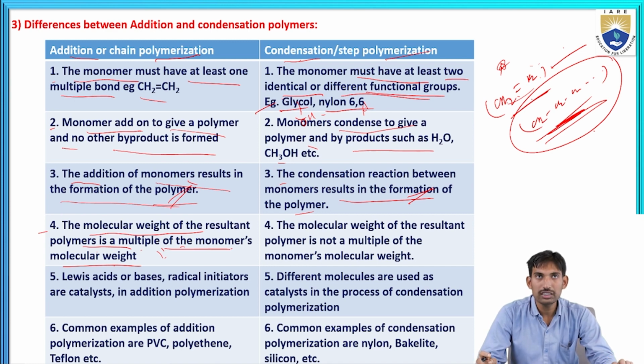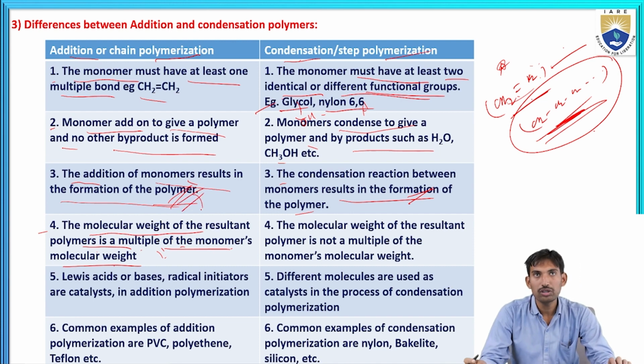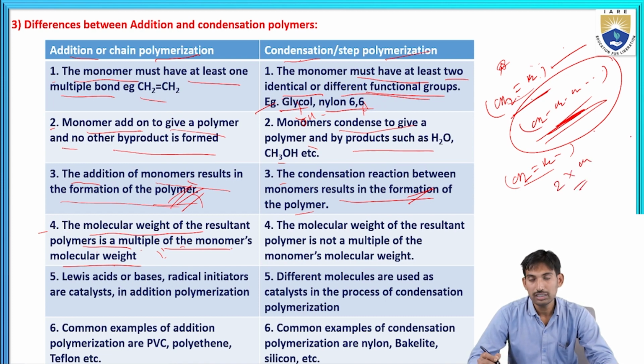Because there is no loss or elimination of atoms or groups, in this way we get the total molecular weight by multiplying. If the ethylene molecule is repeated two times, we multiply 2 with the molecular weight of the monomer to get the molecular weight of the polymer.